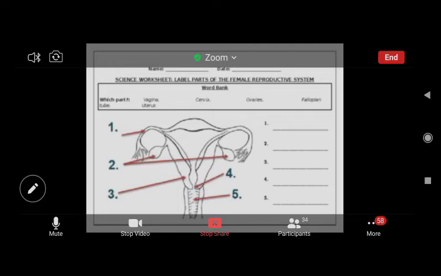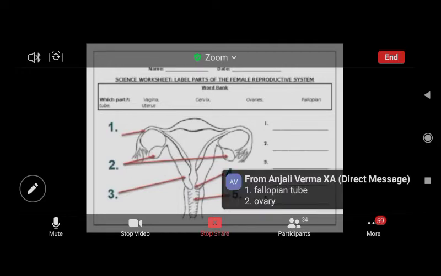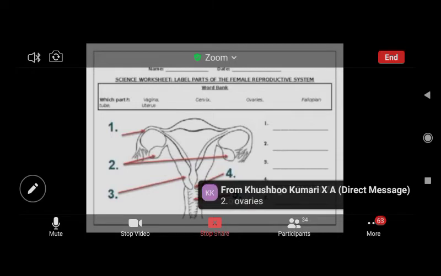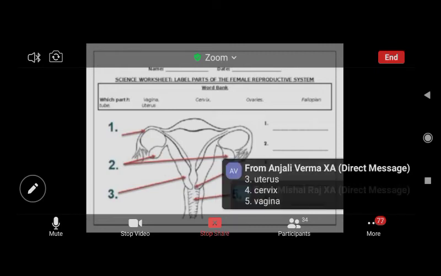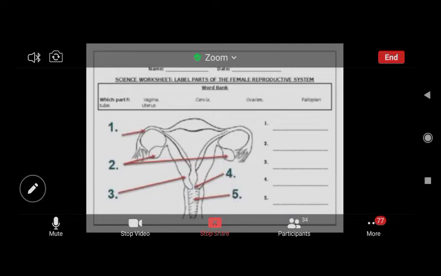Second labeling, number 2. What is the labeling of number 2? Anjali, don't write all the labelings together.